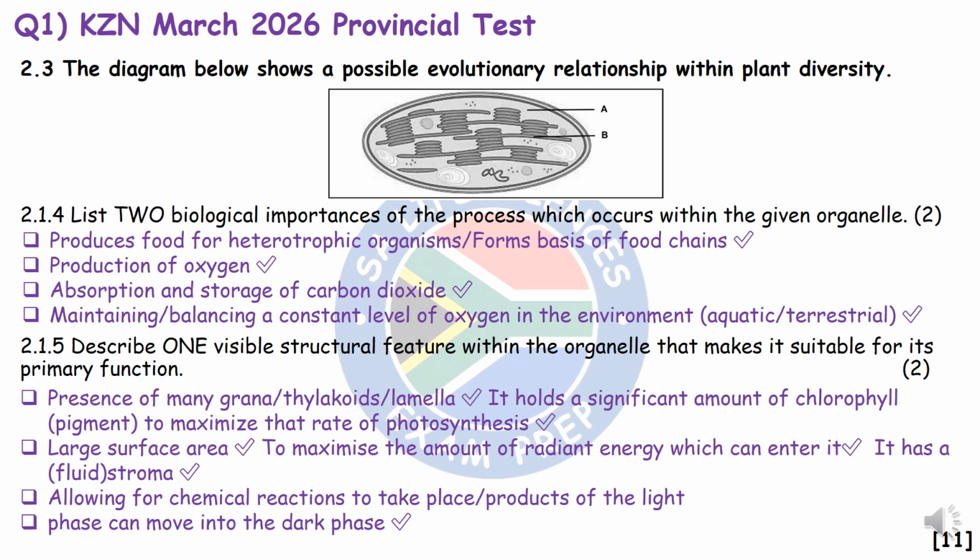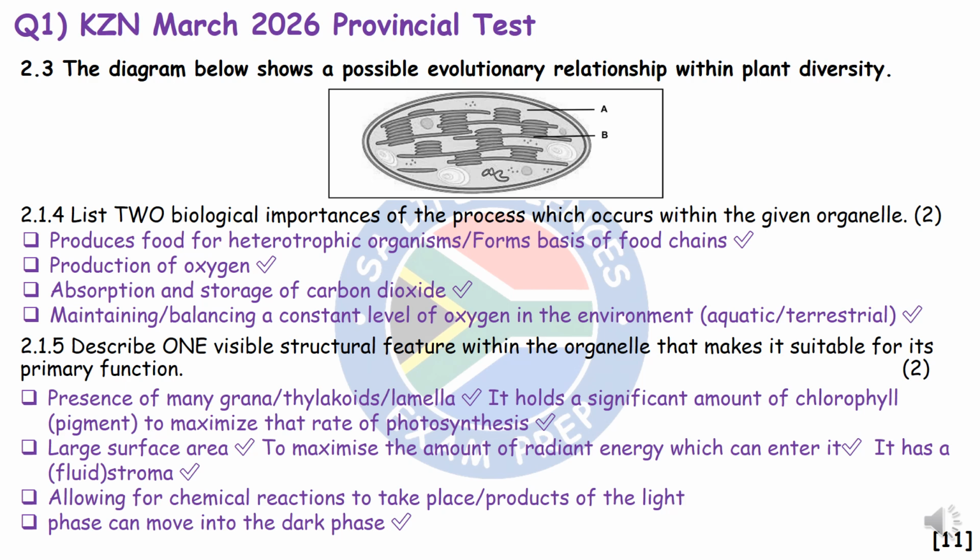2.1.5, describe one visible structural feature within the organelle that makes it suitable for its primary function. Right, now there are four parts to this question. Part number one is that you have to describe. Describe means that you list the thing and then you explain that thing.